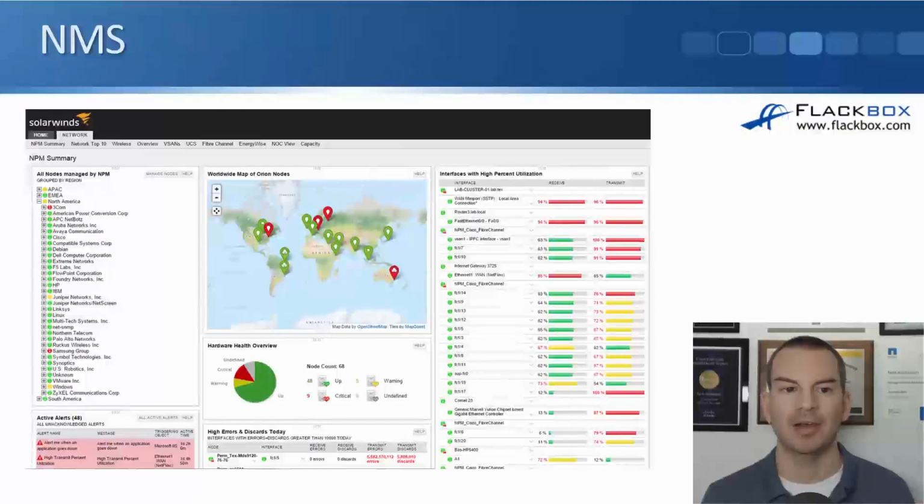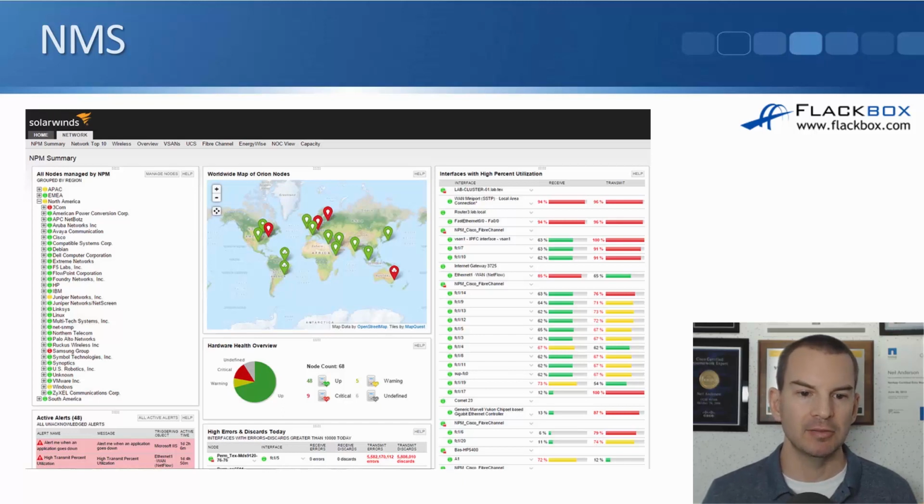So let's have a look at an example of that. Looking at an NMS system here, this is from SolarWinds, who are a very popular paid NMS. You can see here it's got a nice GUI, you can get nice graphical reports. And over on the right, you can see the kind of information that is being highlighted: interfaces with high percent utilization.